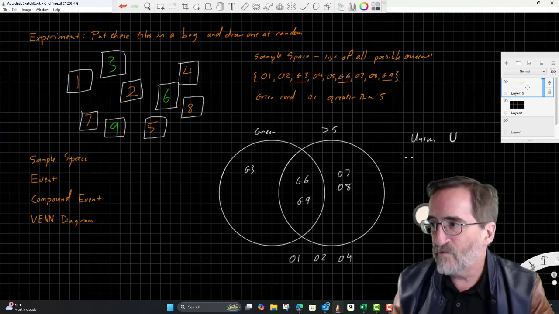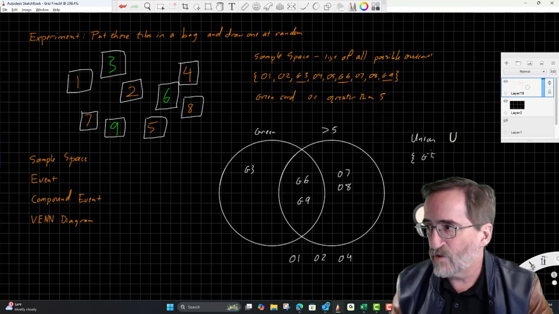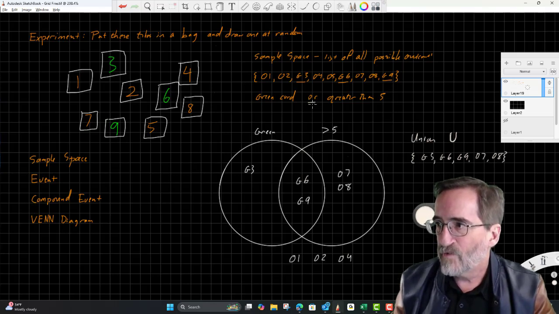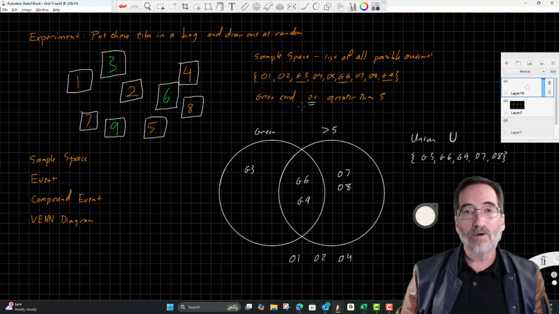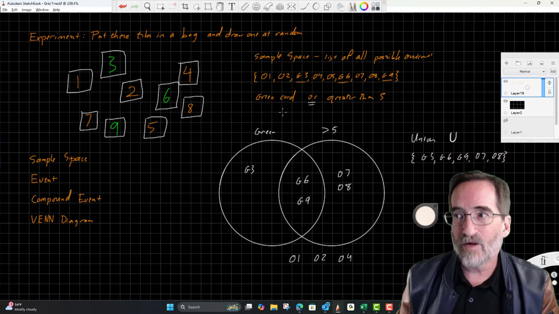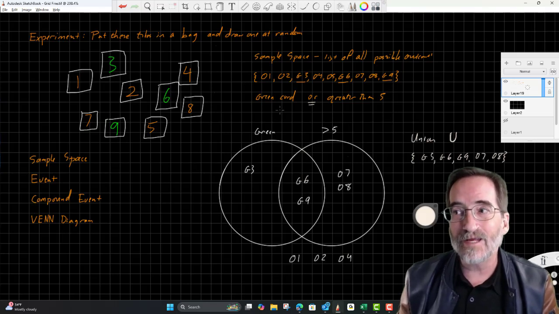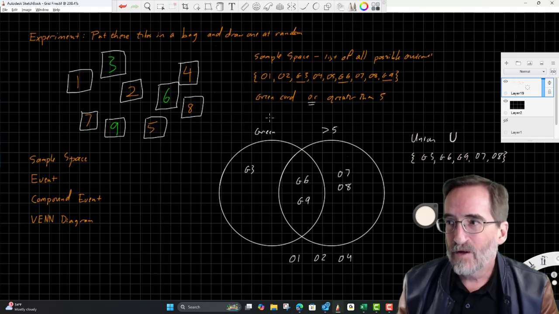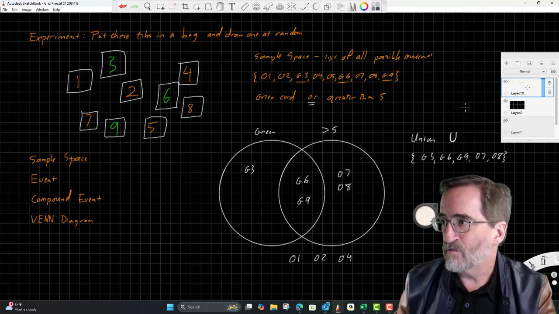The union of green card or greater than 5 is, and I'm going to list all the elements here, a green 3, a green 6, a green 9, an orange 7, and an orange 8. That would be the union, and notice the word or. It can be a green card or it can be greater than 5. Now it can also be both, but all it needs is for one of those to be true to be selected.